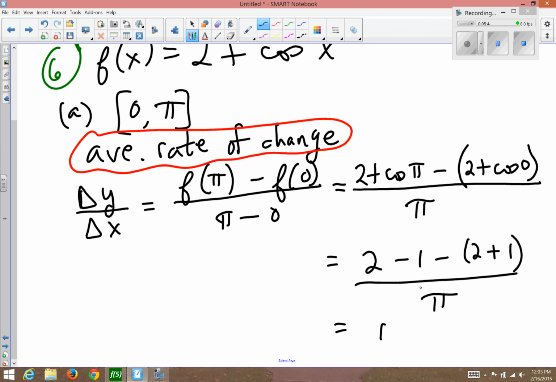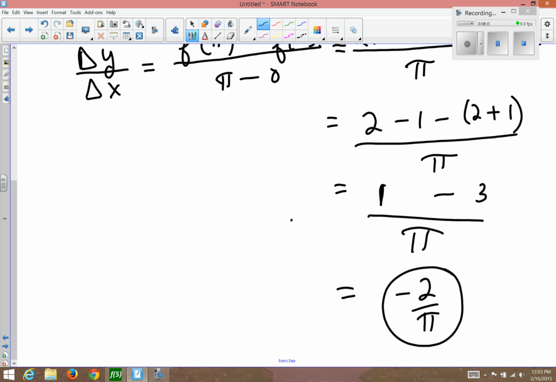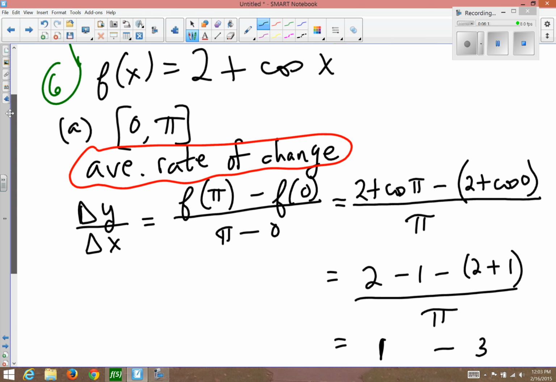And that's 1 minus 3 over pi. Negative 2 over pi is the answer. We call that number the average rate of change of the given function over the given interval. That's just part A.